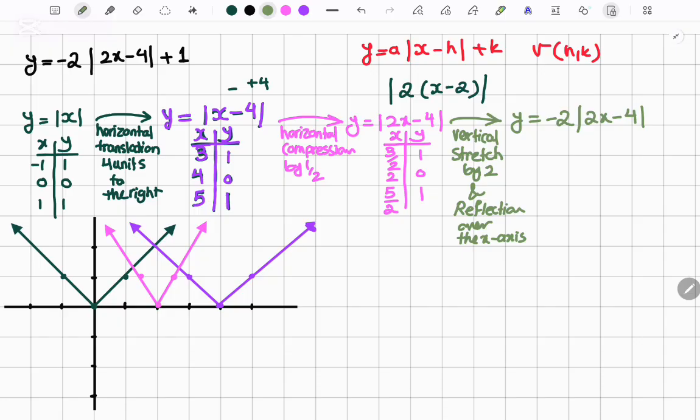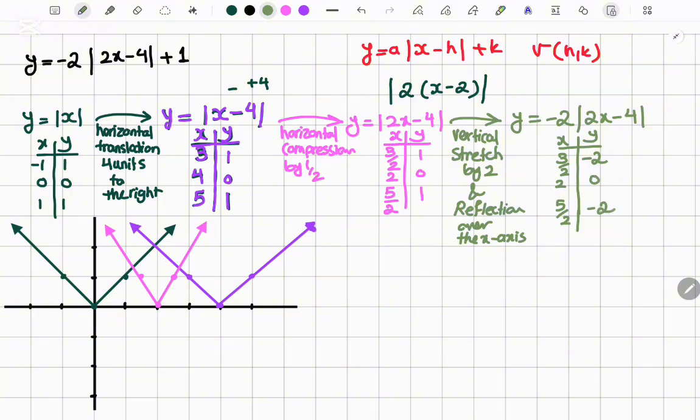So the changes are for the y, so I'm going to copy all my x's from the previous part. It's 3 over 2, it's 2, and it's 5 over 2. And I'm going to multiply all my y's by -2. So it's going to be -2, 0, and -2.